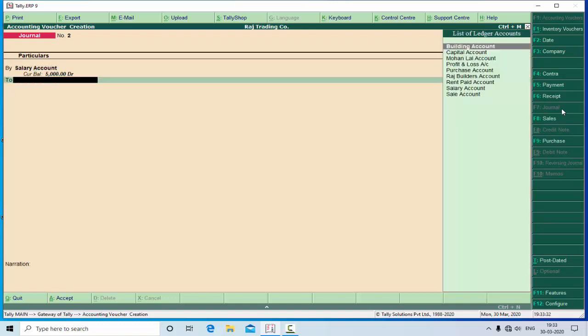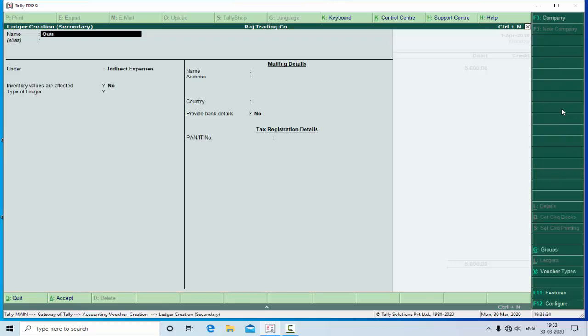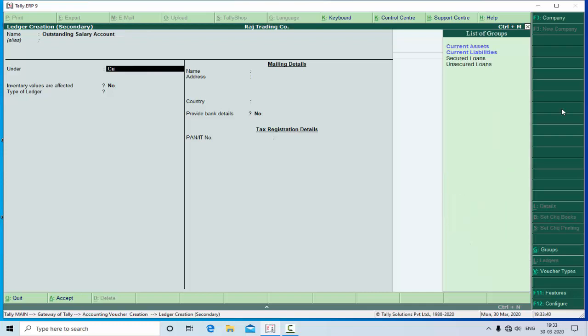So create the account of outstanding salary account, and that account will go in current liabilities, because all the amounts which are payable by our business are our liabilities, maybe current liabilities or maybe long-term liabilities, but this is a short-term liability, and all short-term liabilities are recorded in current liabilities.